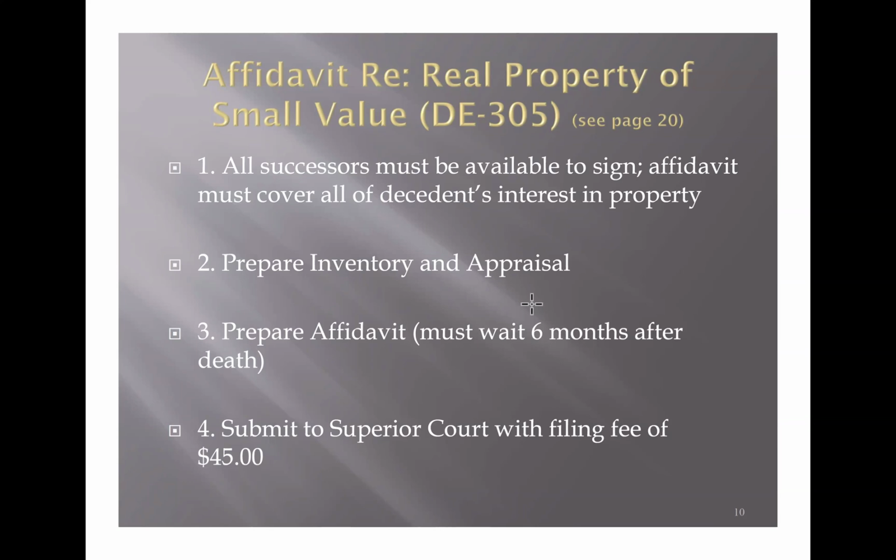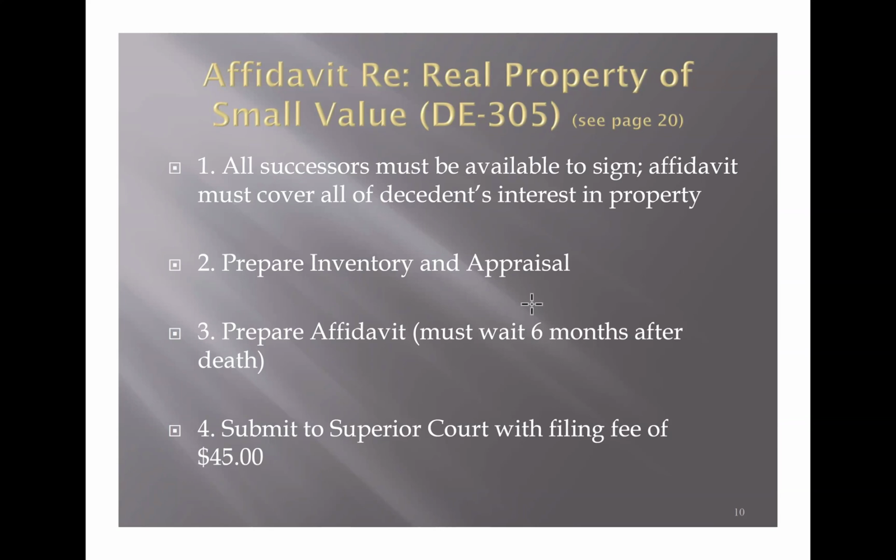The affidavit has to cover all of the decedent's interests in real property. So as I said before, if they have unimproved property, a mineral interest, something like that, and a house, all of them together have to be within those limits. So how do you know what your property is worth for purposes of these procedures?